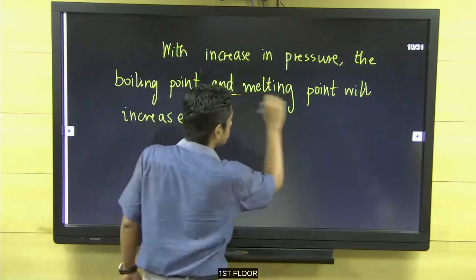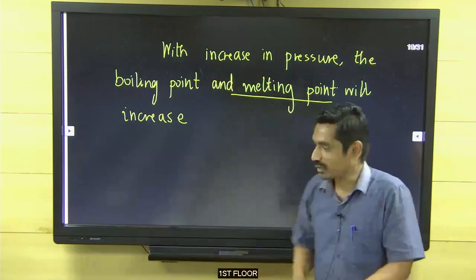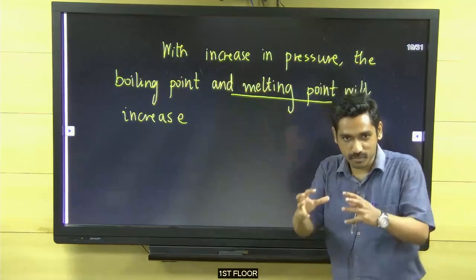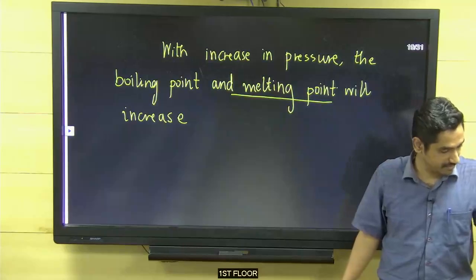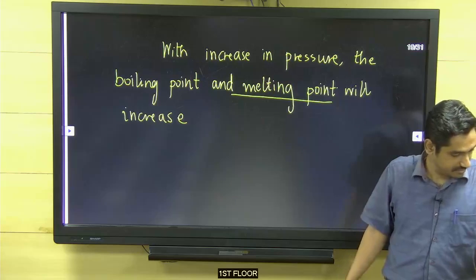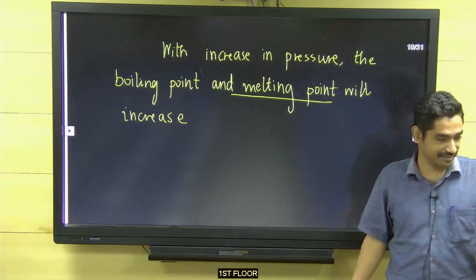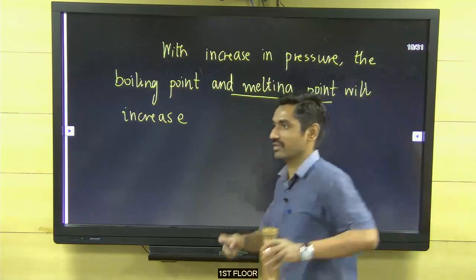You might be thinking, where did this melting point come from? Melting point also follows the same principle. We'll be in a position to maintain the atomic structure if you increase pressure. Mahaviran means Bahubali. Yes, correct. Bahubali is a very good reference.